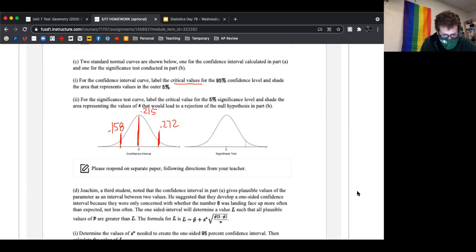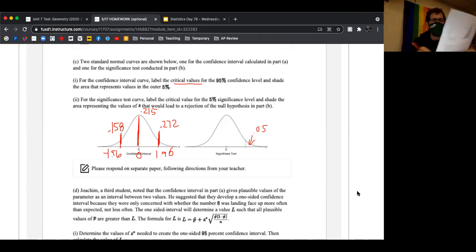Now, also you have your z-scores here of negative 1.96, 1.96, and then your 0 in the middle. Now right here, because we have a tail probability of 0.05 at the top, this is something that we haven't necessarily looked at on this table.